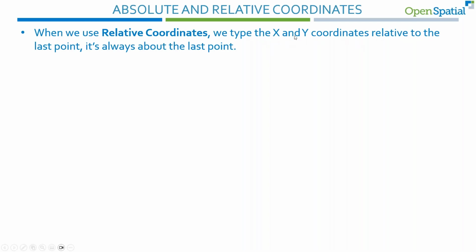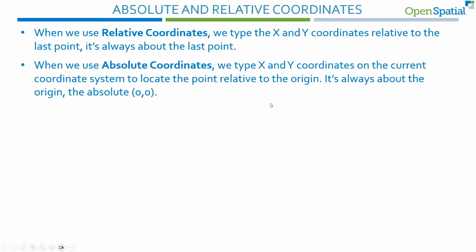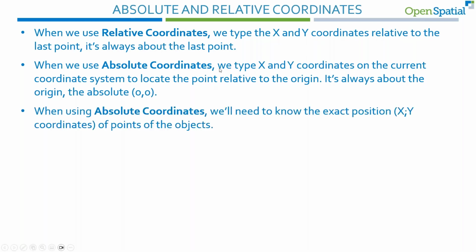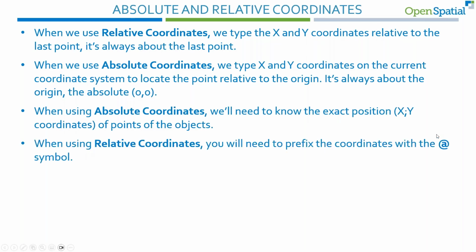So relative coordinates is the X and Y relative to the last point. It's always about the last point. Absolute coordinate is the absolute that you are working with. So if it's in plane coordinates, etc., it is whatever those values would be. So with absolute coordinates, you just work with the coordinates. Relative coordinates, you specify with the @ symbol.